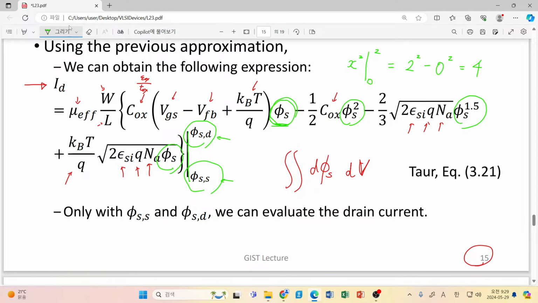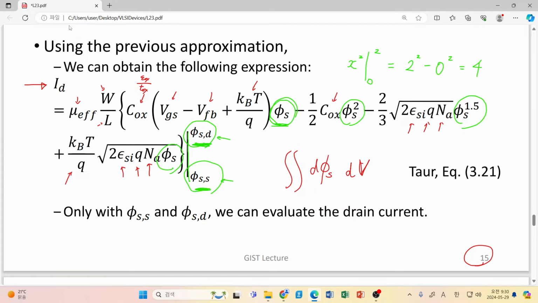Similarly to this expression, using equation 3.21, first you have to evaluate this long expression with your surface potential at the drain side and surface potential at the source side, and evaluate this twice and take the difference. Then you will get the drain current.